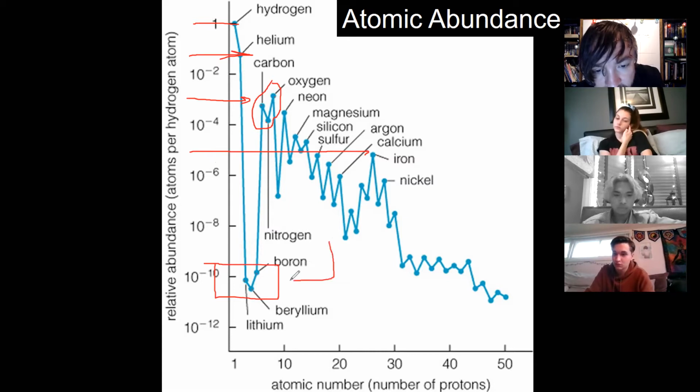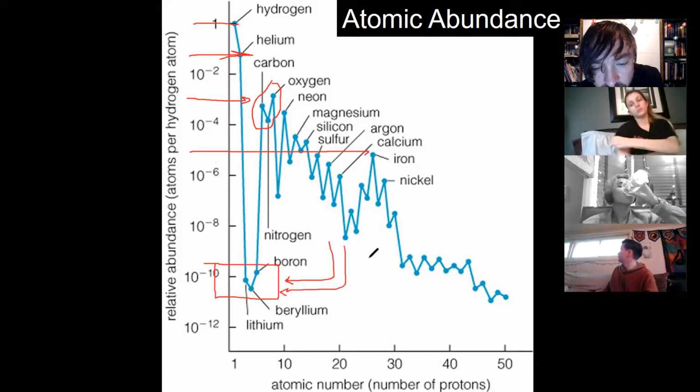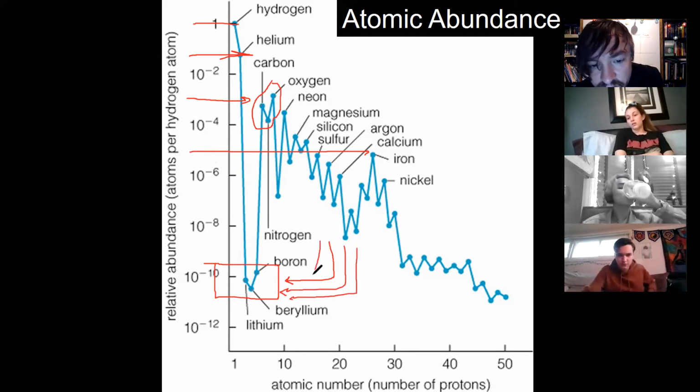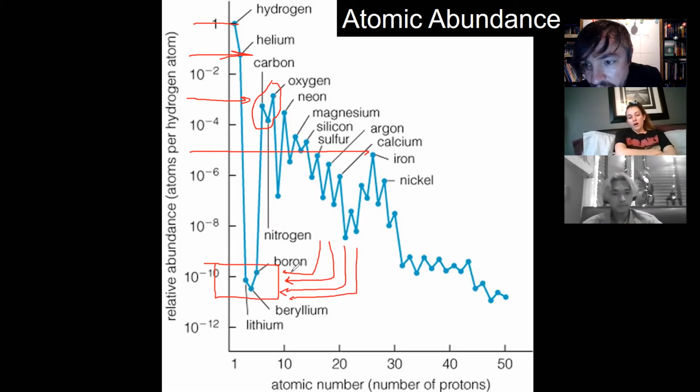And this is actually a big geopolitical issue because most of our lithium today is mined from salt flats, like the salt flats in Bolivia. And lithium is used, of course, in your iPhone batteries.